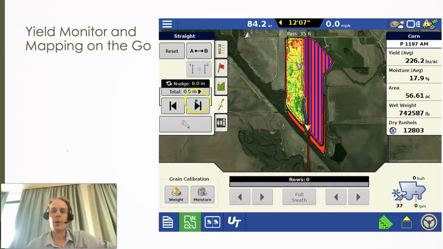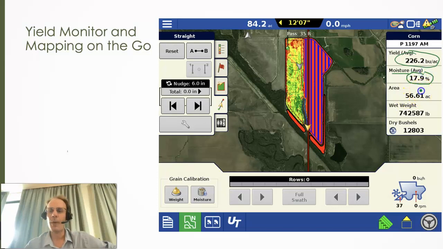By knowing the total area that it's harvested and the total area of the field, it can then calculate a yield. This information is in U.S. units, bushels per acre, rather than kilograms per hectare. There is the moisture. In this case, they're harvesting corn at 17.9% moisture.